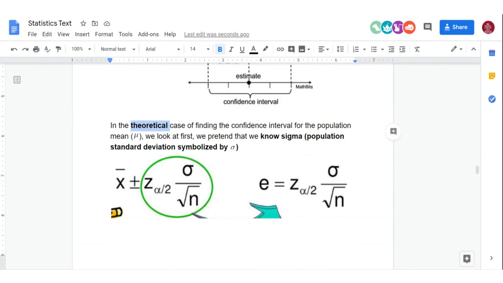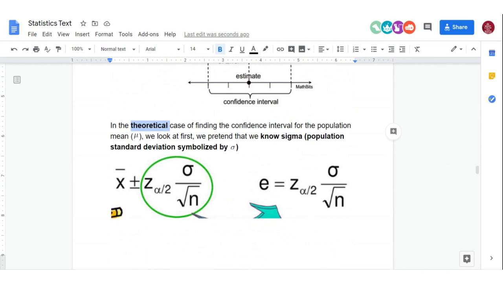But this is also something that almost never happens, because in this case, which is what 7.1 is about, we know sigma. And if you remember, sigma is that little kicked over 6 looking thing. And again, the Greek symbols always refer to the population.